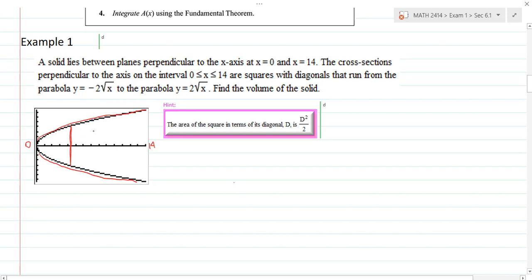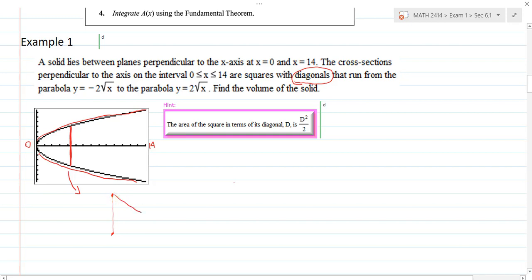Now when I look at this, if I turn this cross section and look at a flat surface, because here I'm just looking at the thin slice of that cross section, because the cross sections are going to be diagonals of the shape, that means that if I were to cut this little section right here out and blow it up, it would look like this, where I would have the diagonal extending from here to here, and the shape would be a square.